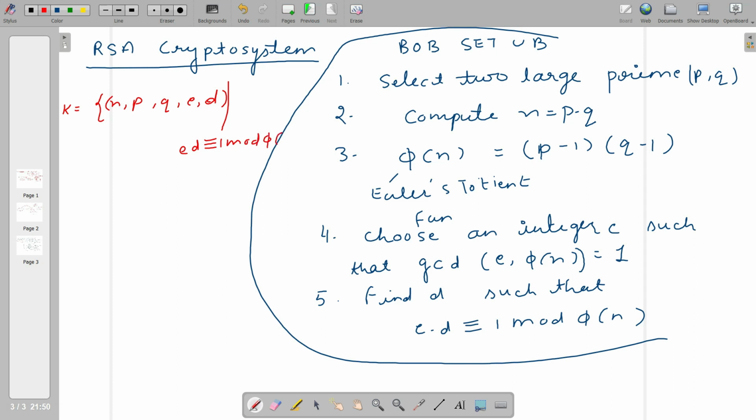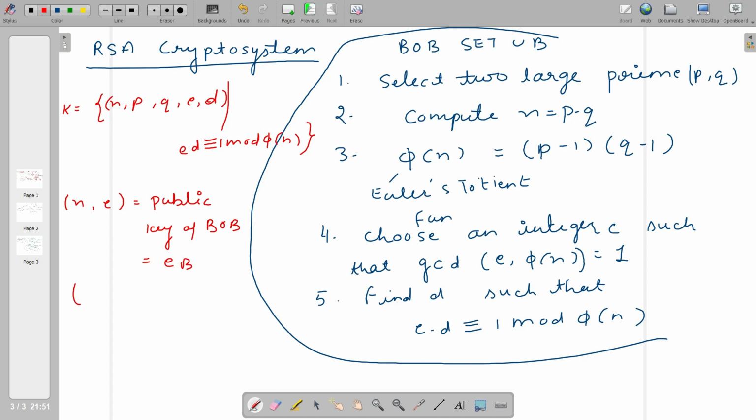So the key is a 5-tuple, and how does it work? N comma E is the public key of Bob, and usually we represent it with EB.